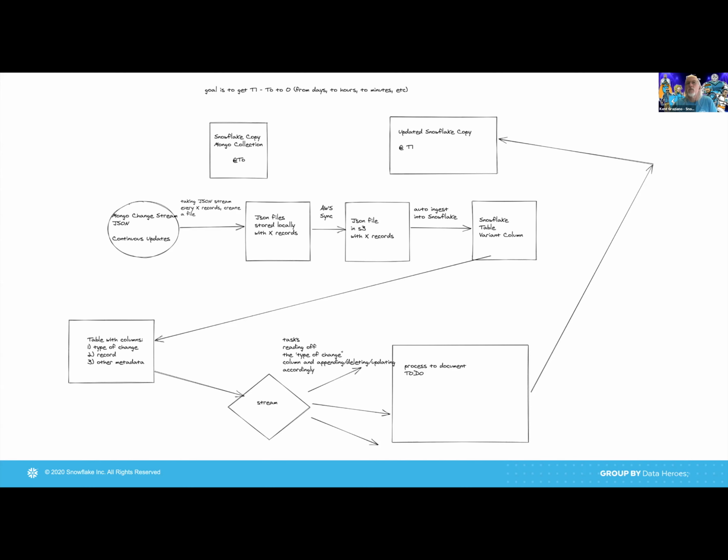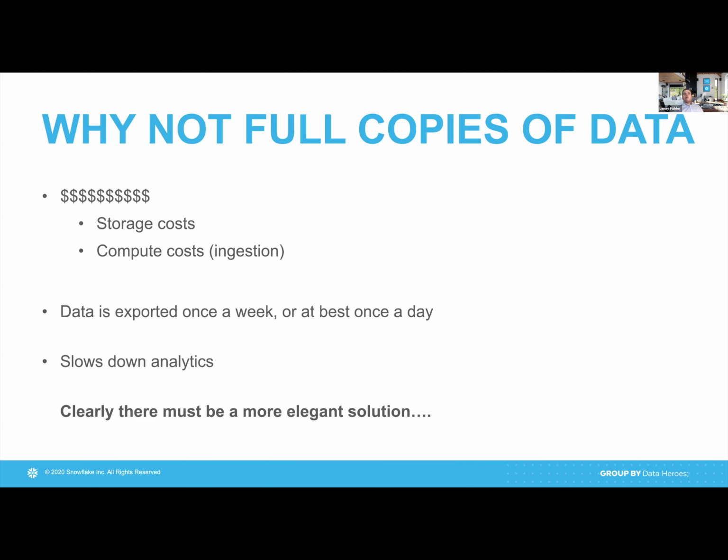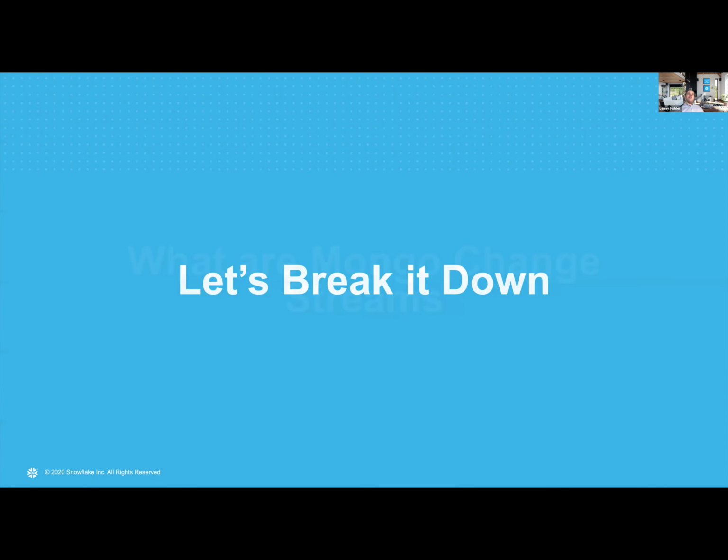Yeah, so another interesting question. How do you deal with a change in schema in Mongo? If the Mongo table schema changes, the design changes, how do you reflect that in Snowflake? So right now we haven't accounted for that, and that would likely cause some changes to tasks and streams.